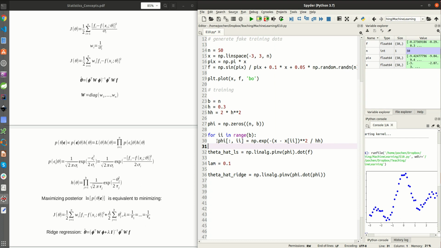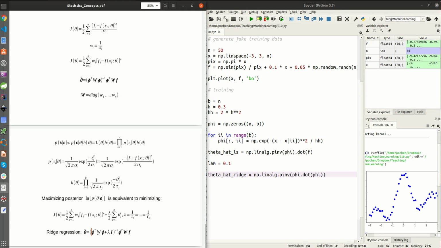So that's a symmetric matrix. Phi is symmetric. So the transpose of the symmetric matrix is exactly the matrix itself, and that's the reason why we don't really need to do the transpose here, right? So that's going to give me phi transpose times phi.